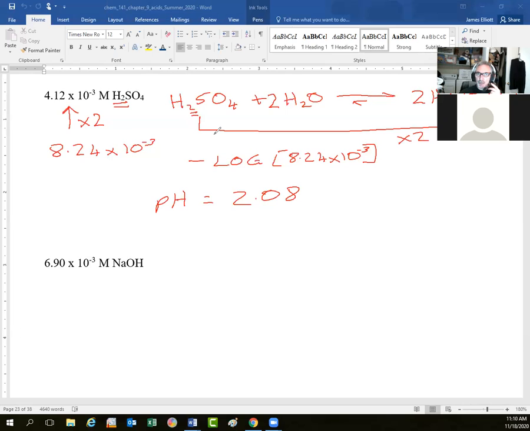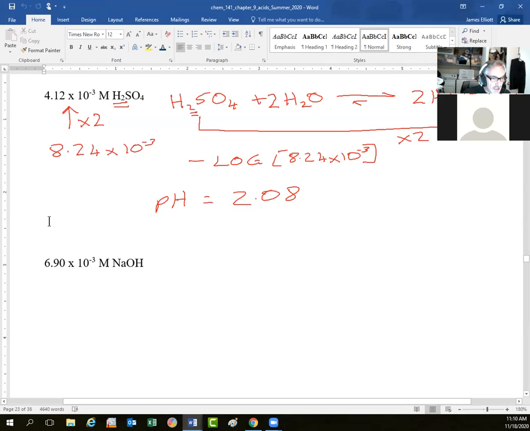Any questions about that one? So we know it's an acid. We can directly calculate the hydronium ion log and pH. But just keep in mind that it's one of our 2 examples of a diprotic acid.